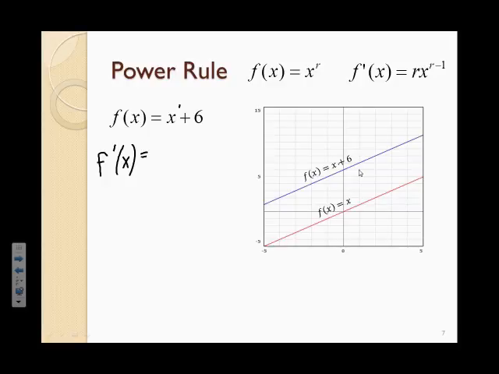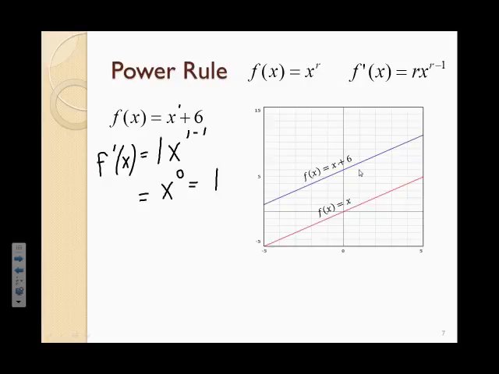So we're going to take the exponent of 1 multiplied by x, and then take the exponent again, the 1, and subtract 1 from it. Well, of course, that's going to be x to the 0, and we know that anything to the 0 power is equal to 1. So the derivative here will be equal to 1.